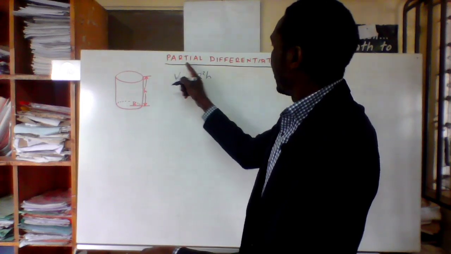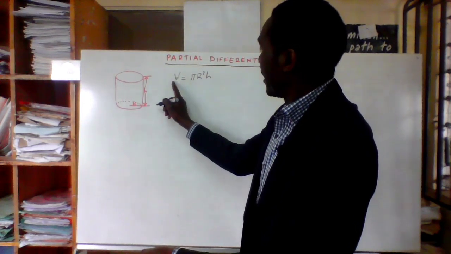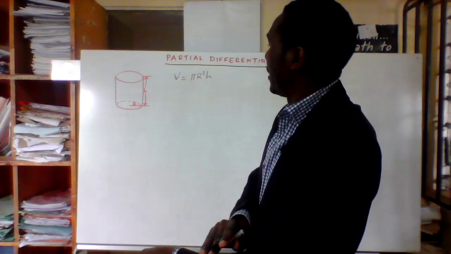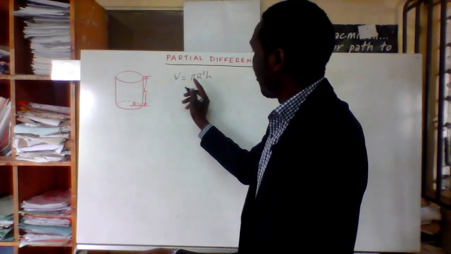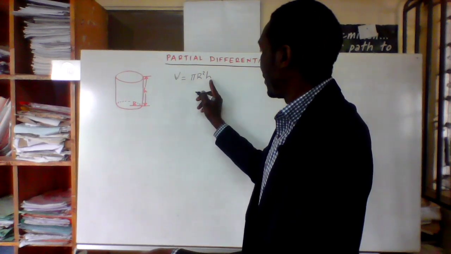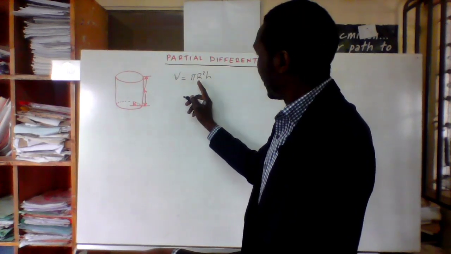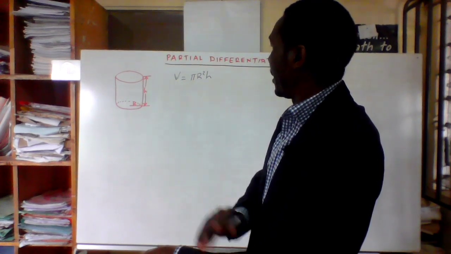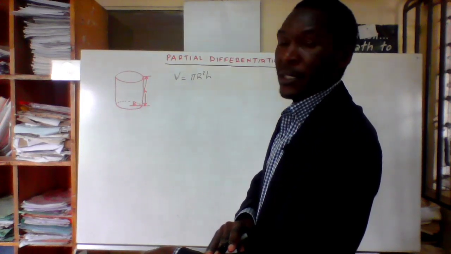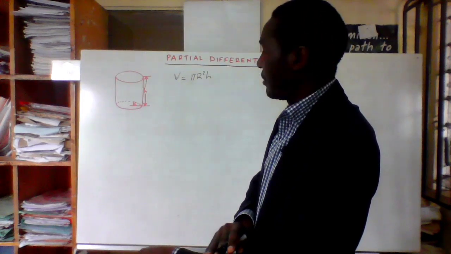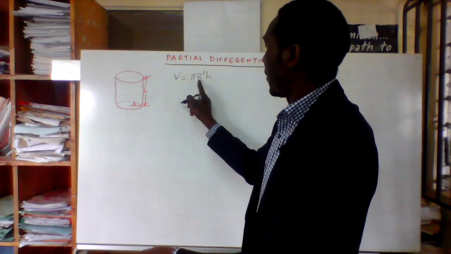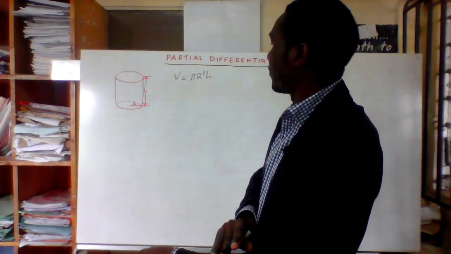So in this case, because we have a variable V dependent on 2 other variables, this quantity will be affected if you change r, or if you change h, or if you change both r and h. And that is why we are going to look at partial differentiation. Partial differentiation basically deals with quantities with more than one variable.